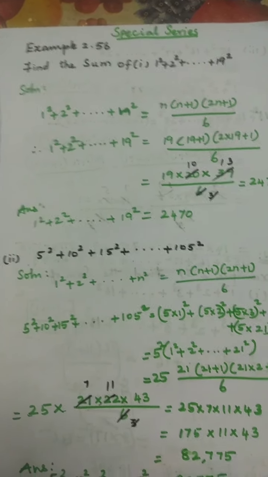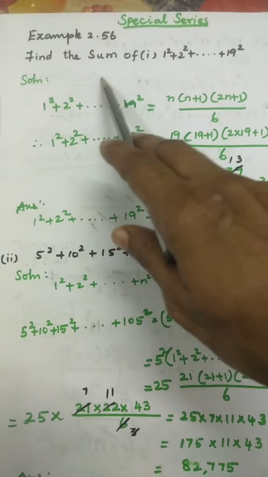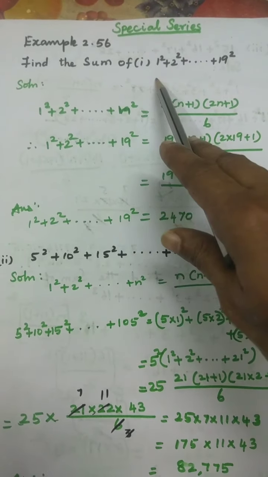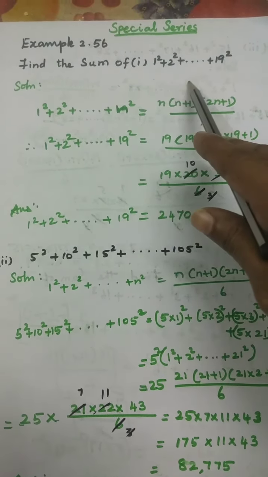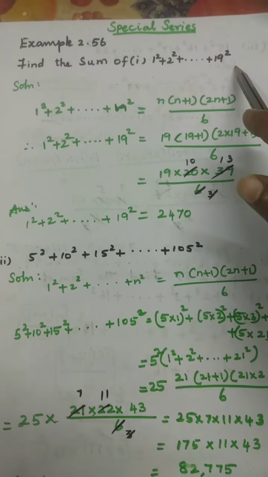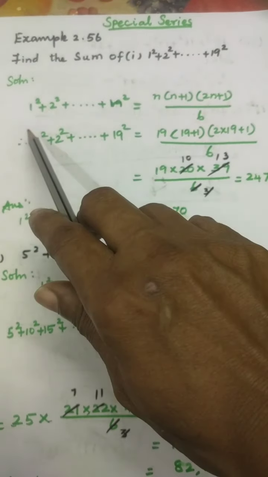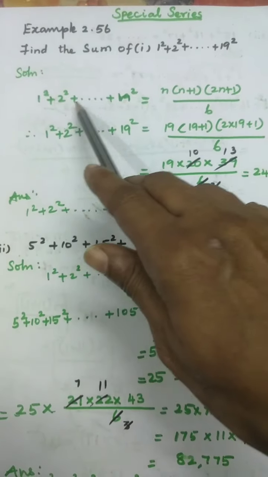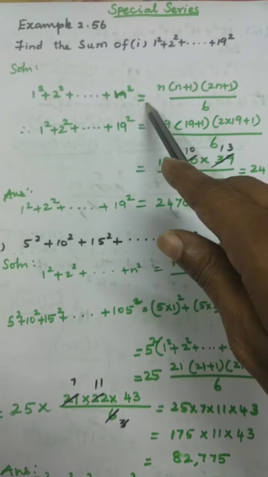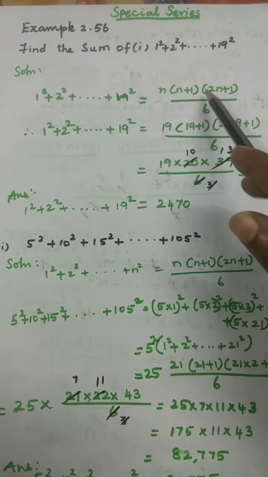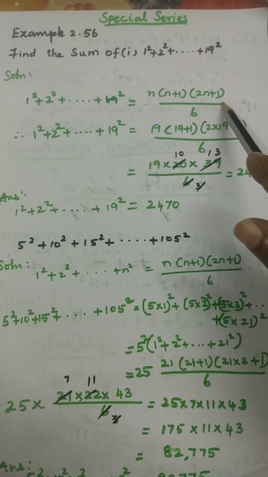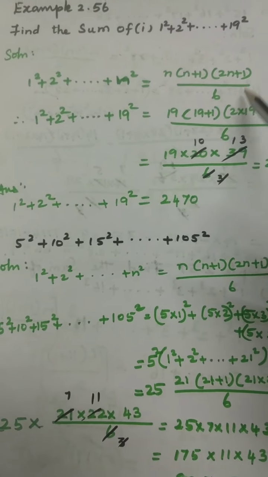Now we will see example 2.56. Sum of 1 square plus 2 square plus and so on plus 19 square. So the formula is 1 square plus 2 square plus and so on plus n square is equal to n into n plus 1 into 2n plus 1 by 6.